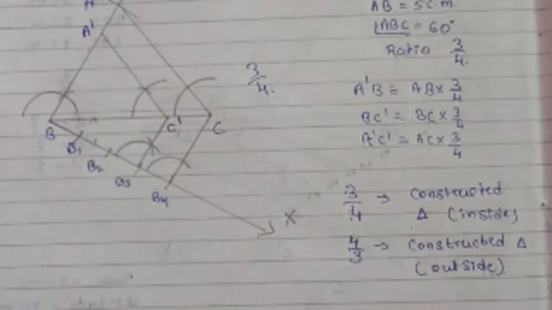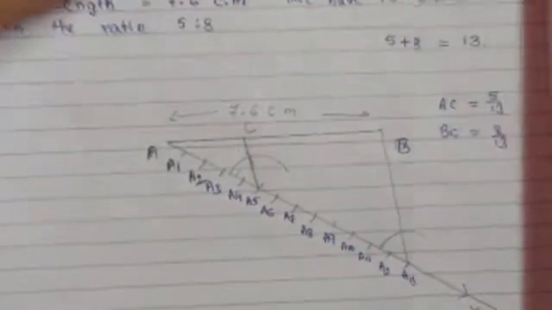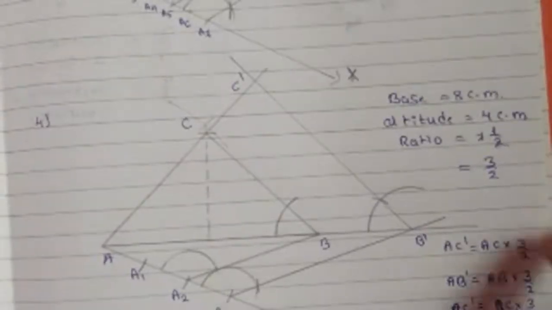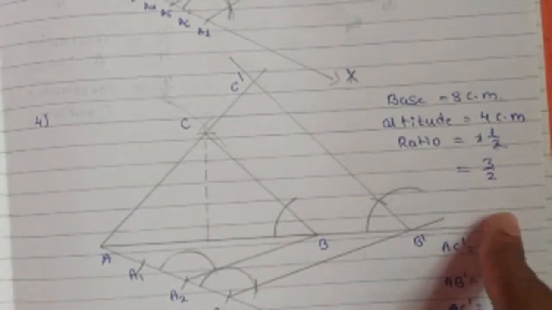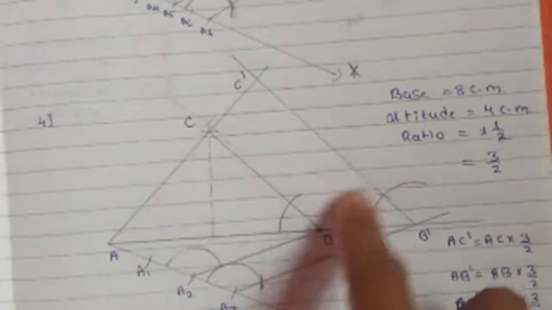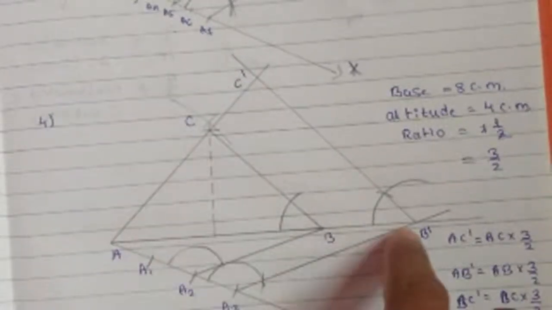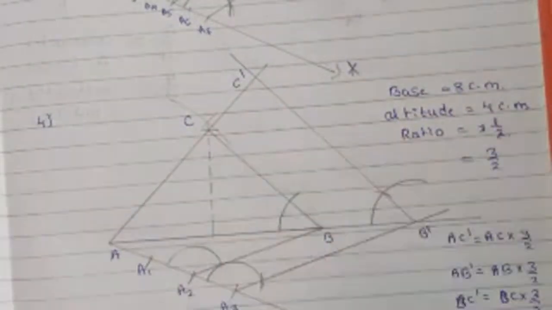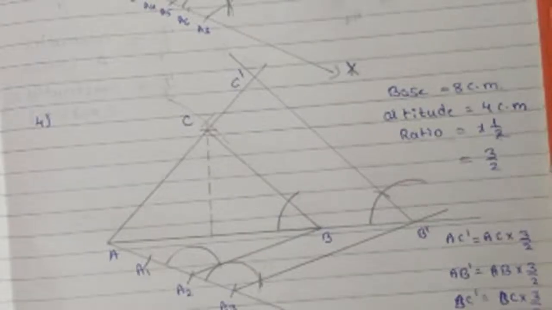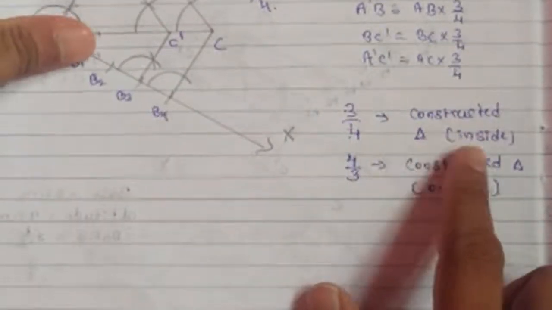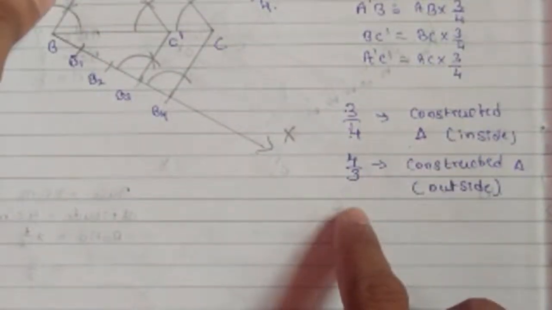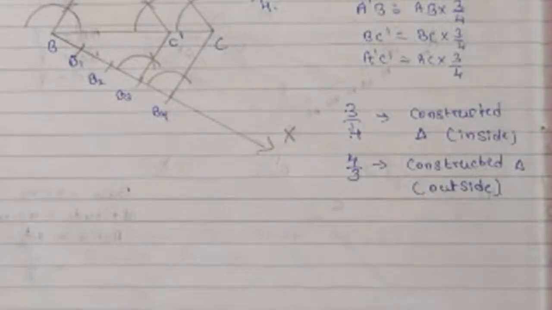And in the previous problem, the ratio is 3 by 2, the denominator value is minimum, therefore the constructed triangle A, B dash, C dash comes outside. If the denominator value is maximum, then the constructed triangle is present inside. If the denominator value is minimum, then the constructed triangle goes outside.